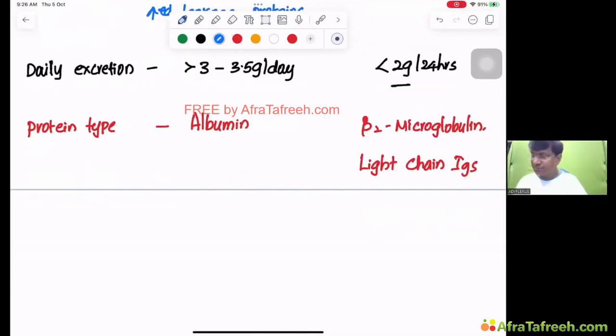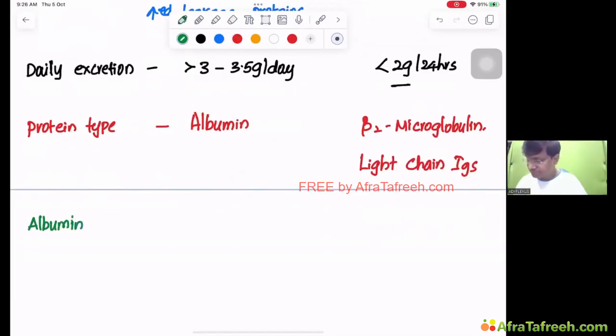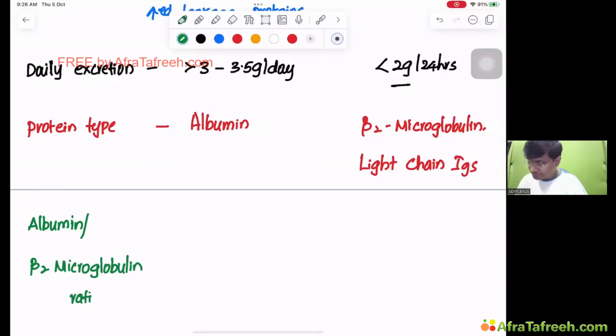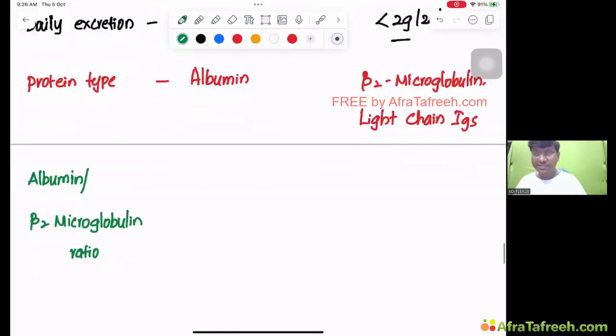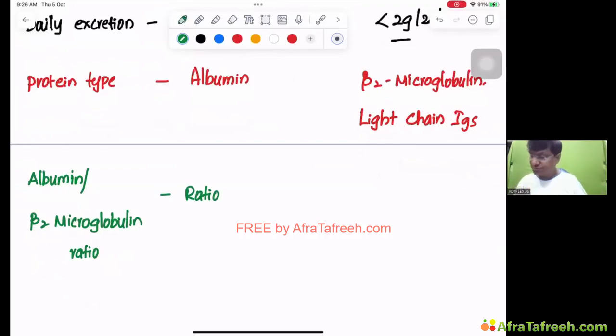Then you need to know the albumin to beta 2 microglobulin ratio. Because albumin levels are higher in glomerular proteinuria, the ratio is more than 1000:1.